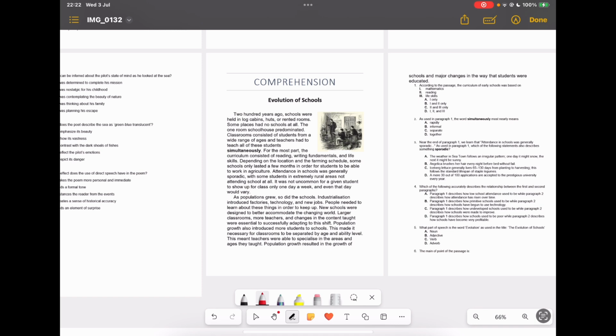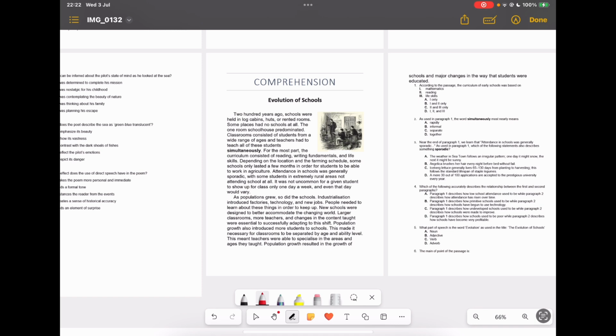Classrooms consisted of students from a wide range of ages, and teachers had to teach all of these students simultaneously. For the most part, the curriculum consisted of reading, writing fundamentals, and life skills. Depending on the location and the farming schedule, some schools only lasted a few months in order for the students to be able to work in agriculture.